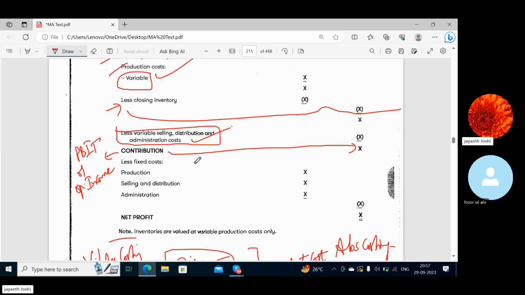So I have already given the examples. You are going to take variable cost like material, labor, and variable manufacturing overheads. So variable manufacturing overheads or production cost has already been taken. Fixed manufacturing overheads, variable selling and administrative expenses, fixed selling and administrative expenses. So variable administrative and selling expenses are also period cost.